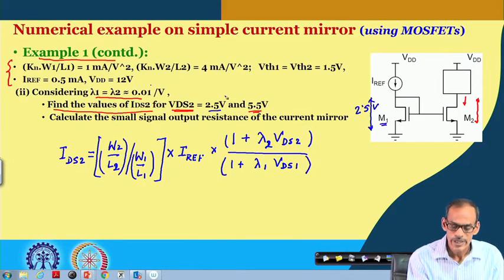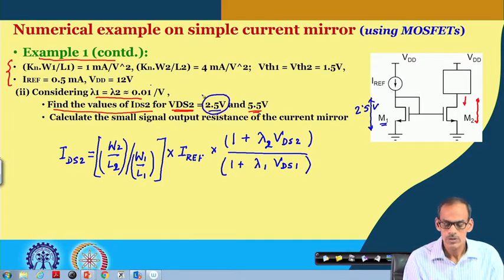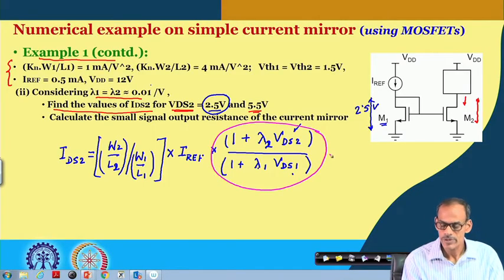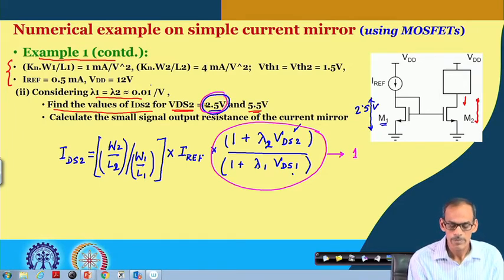Now, for this case VDS 2 equals 2.5, both this VDS and this VDS are the same. And also the lambdas are equal. So, we can say that this part of the equation becomes 1 for 2.5.